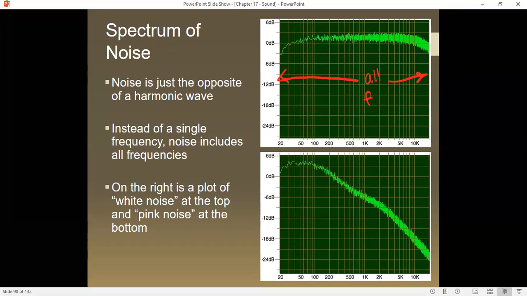It doesn't sound great to our ears all the time, although some people use what we call white noise, which means all frequencies of sound, to actually calm us, because for some reason, some people, when they listen to white noise, it has a calming effect. Some noise is actually called pink noise because it has more intensity at low frequencies and less intensity at high frequencies. But in both cases, there's no single peak here.